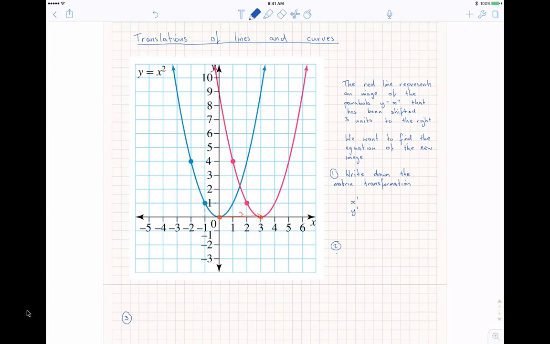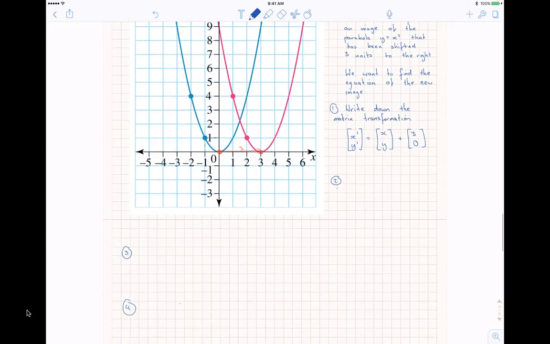So an image point is given by a pre-image point. We're going 3 across to the right. We're not going up or down, so we leave that as 0. Then what we're going to do is write what we call the image equations for both coordinates.